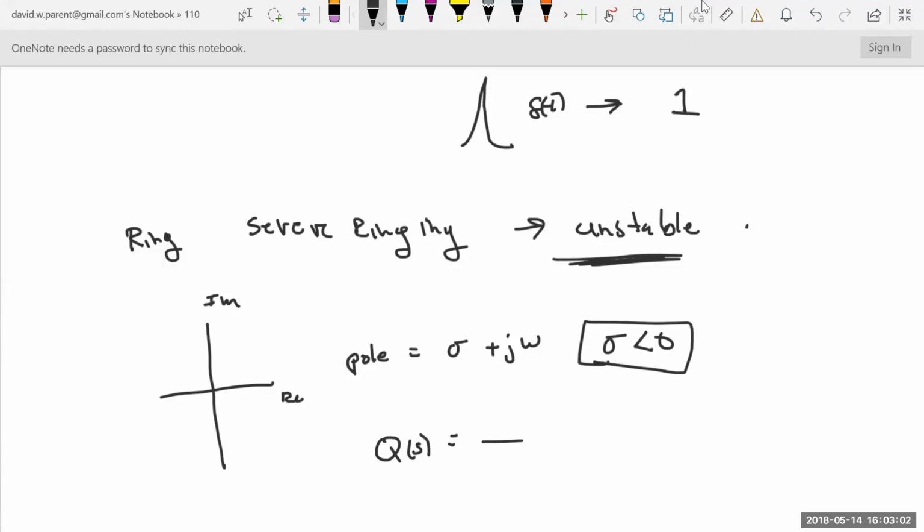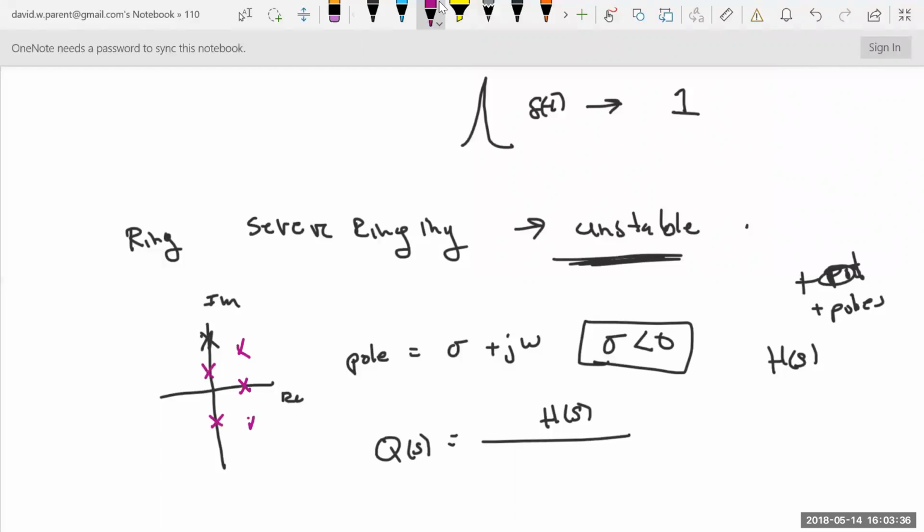Let's say we have an H(s) that has positive poles. Sorry. It has a positive pole, or it's got poles here, or it's got poles here.